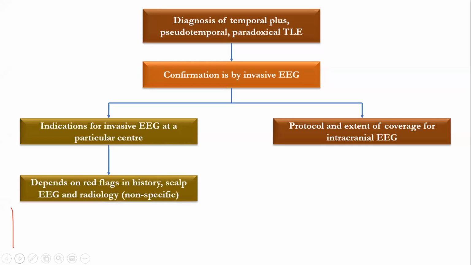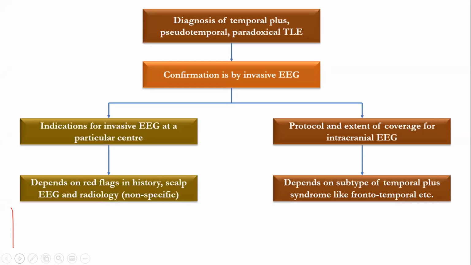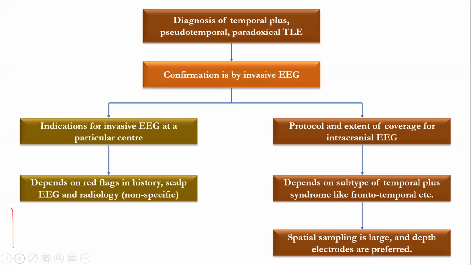But all these red flags are actually non-specific. Whereas the coverage and the protocol followed depends on what kind of temporal plus syndrome you have in mind. So if frontotemporal, then the coverage will be different. Temporal perisylvian, the coverage will be different. And normally you have to have a large spatial sampling.